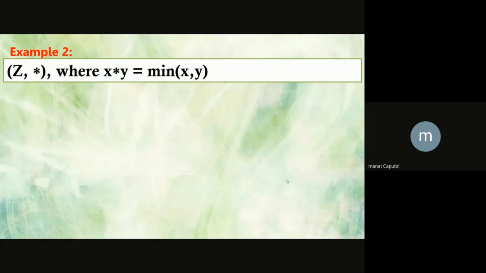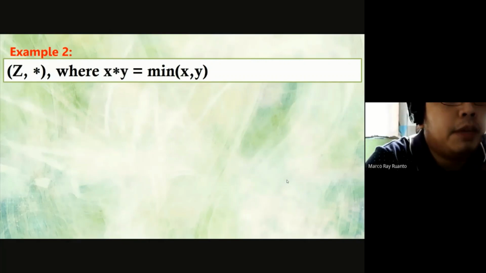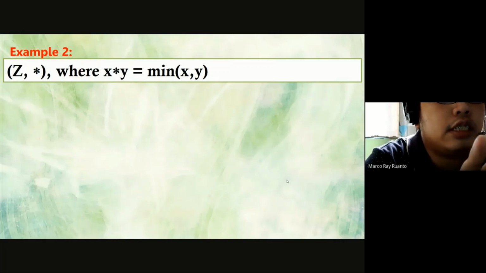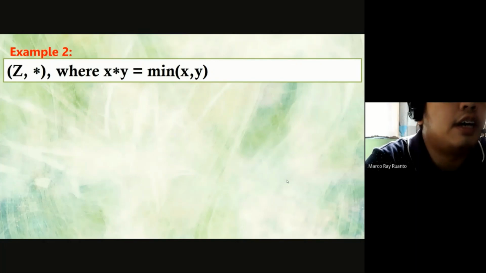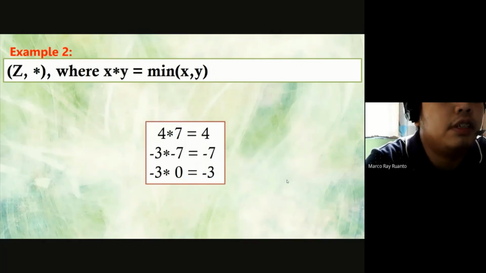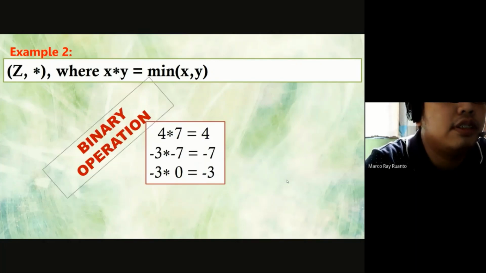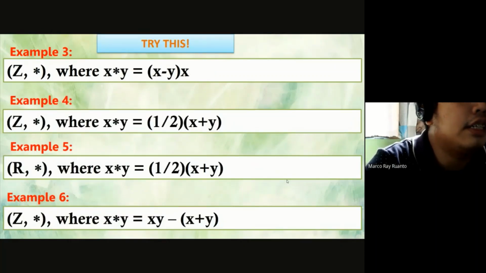The minimum is the smaller of the two. If x is an integer and y is an integer, whichever is smaller is still an integer. So therefore, that is a binary operation. Very good.